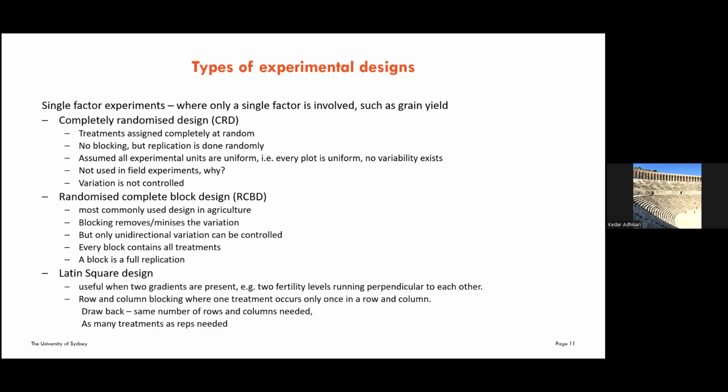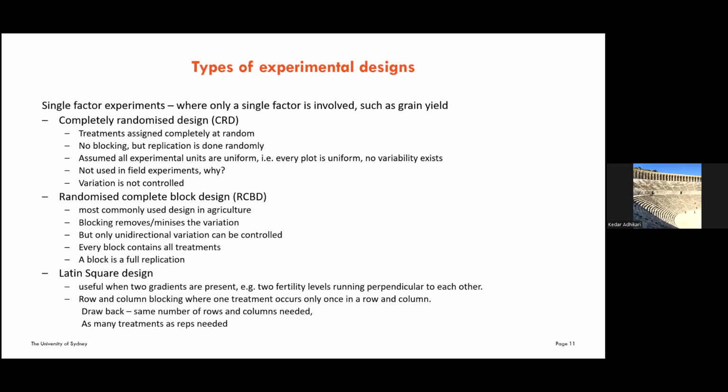The other method is the randomized complete block design. This is the design most people use in agriculture, and here we do the blocking. Blocking removes or minimizes the variation, as we talked about before, but it does so in only one direction. Unidirectional variation is controlled.